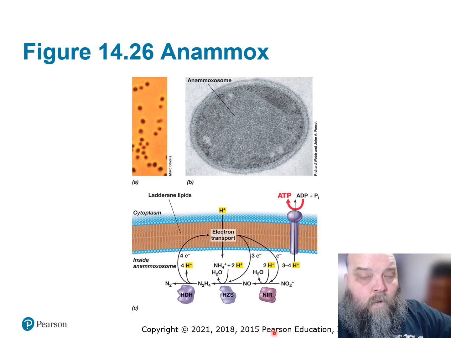So the hydrogens being pumped in are basically the ones flowing back out, because the 4 hydrogens pulled off here and the 4 electrons are fed into the next round of this anammox pathway.